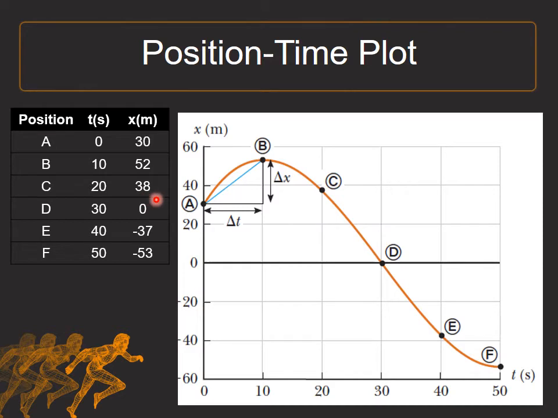So, pinlot lang niya isa-isa yung mga positions, and then nag-create siya ng graph that best represents or fits these 5 or 6 points within the span of 50 seconds, from 0 to 50 seconds.